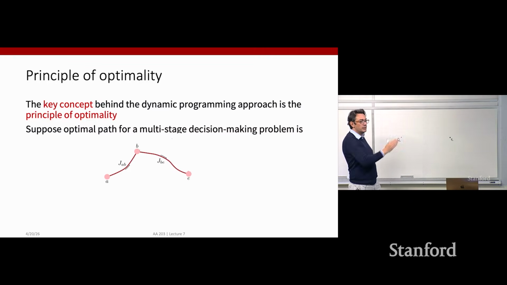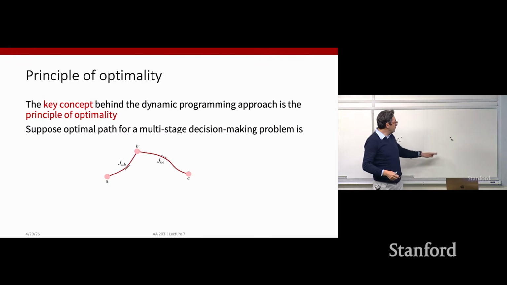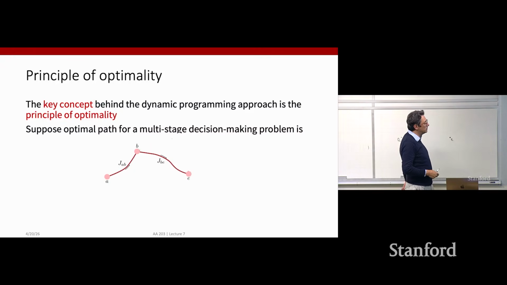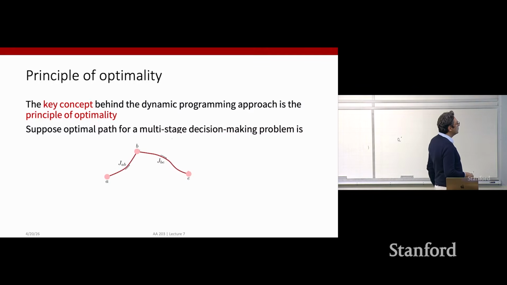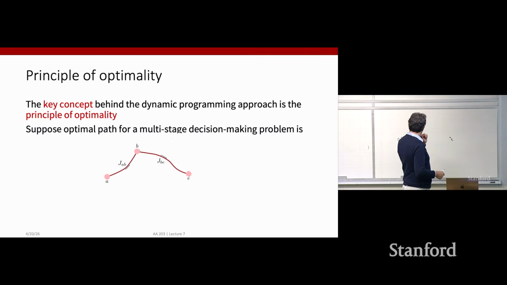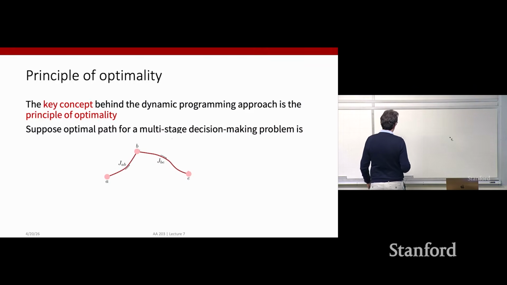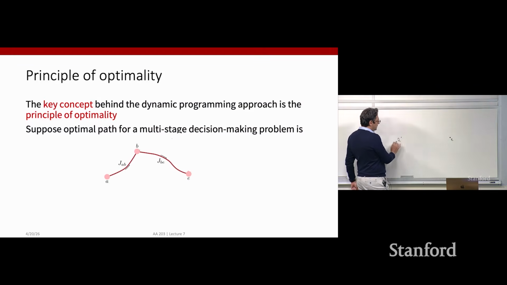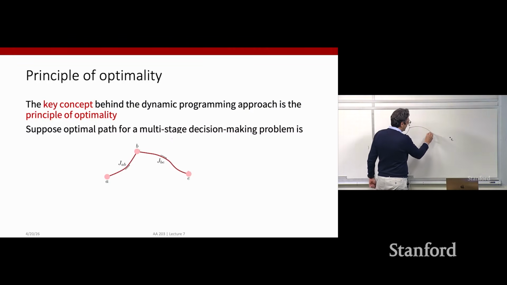You thrust in one direction, and after a while, you thrust in another direction, you keep going, and then you get to your final condition, E. So let's assume that the optimal path stemming from the optimal selection of controls first leads you to B, and then through a number of additional decisions leads to E through this path.